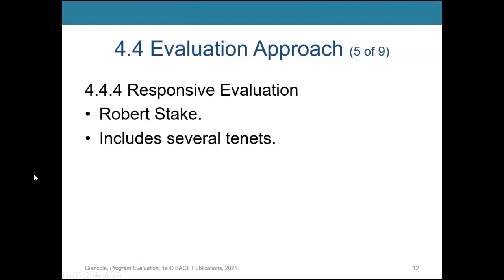There's a responsive evaluation, which focuses on what the program does rather than its intended outcomes. It's responsive to stakeholder needs for information and acknowledges multiple perspectives in reporting findings. So this is more like the goal-free evaluation.